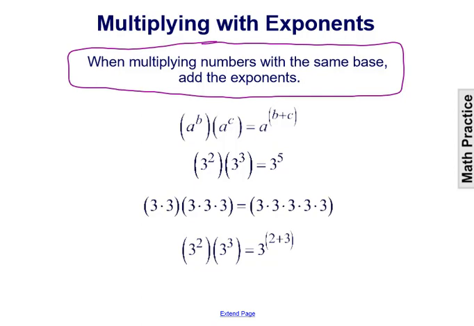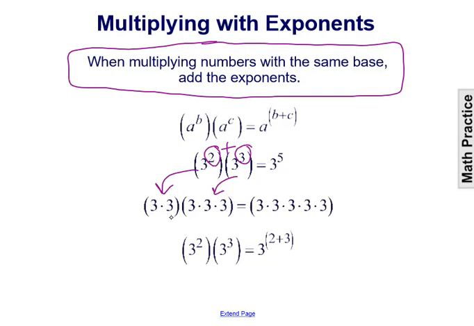Now, if we use our example just to show this holds true with a base of 3, we have 3 to the second times 3 to the third, we're claiming is equal to 3 to the fifth from the 2 plus 3. Well, if we expand 3 to the second, that would be 3 times 3. And if we expand 3 to the third, that'll be 3 times 3 times 3. And now, because of multiplication, we don't have to group them separately, we can group them all together.